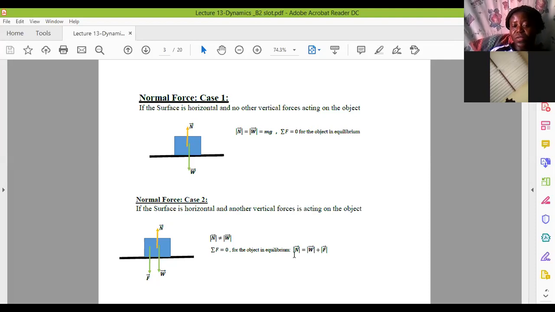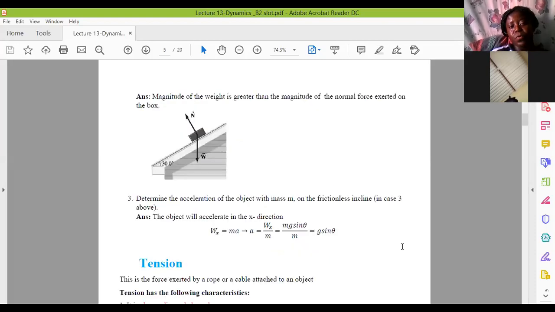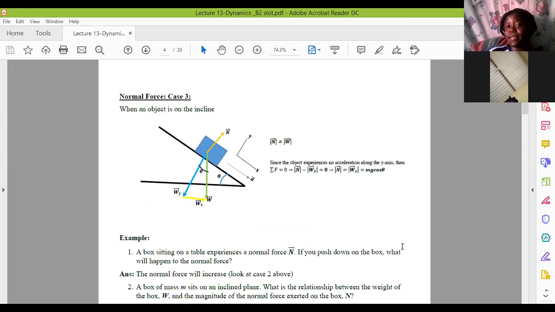This is just what we were doing. If it's not moving, then we sum up all the forces, then we get that the normal force is equal to the weight plus force. So it means you increase the normal force. It's the summation of your forces.